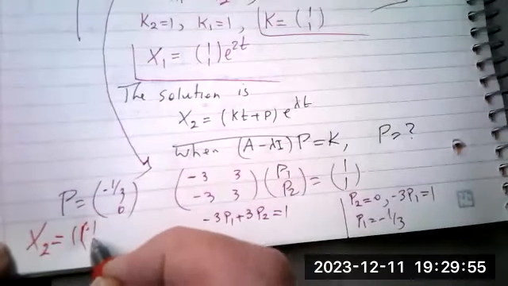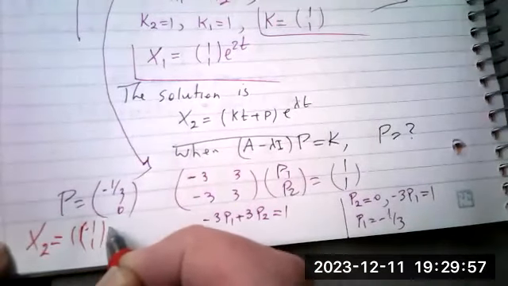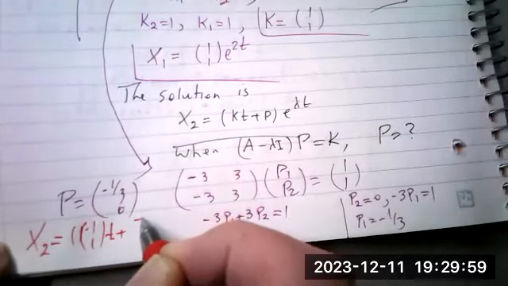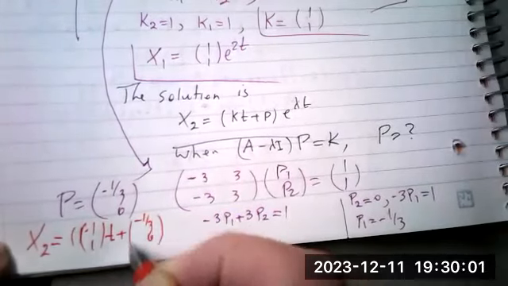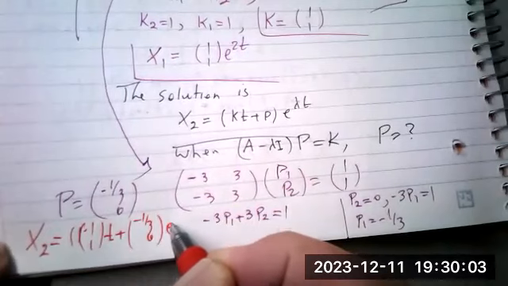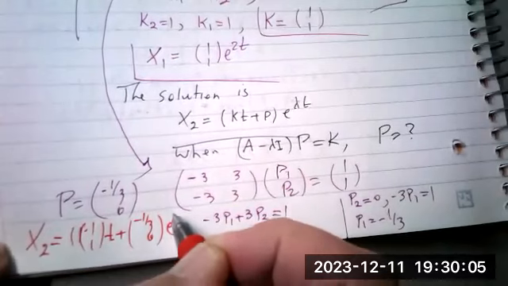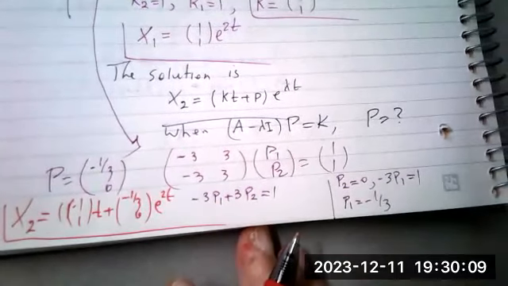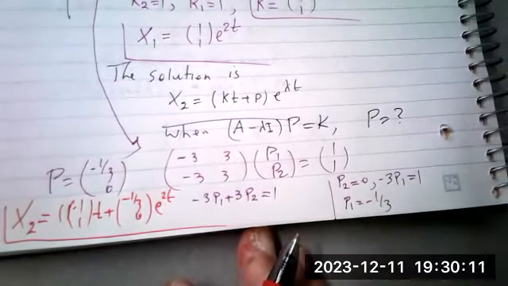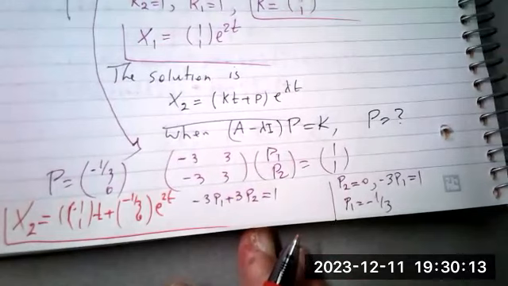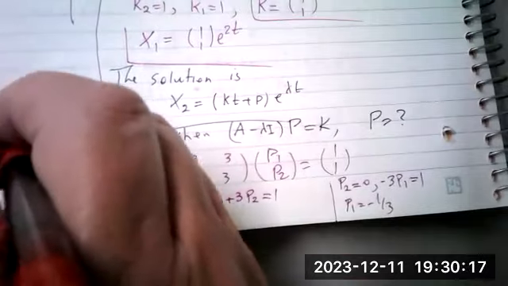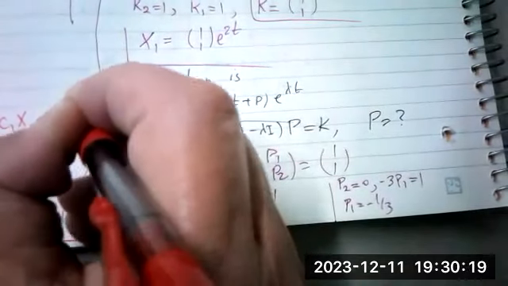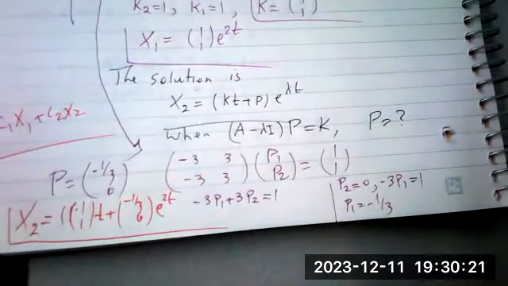K is 1, 1, times t plus negative 1/3, 0, times e to the, what's the lambda? E to the 2t. This is going to be your second solution: kt plus p times e to the lambda t. So the general solution is going to be c1x1 plus c2x2.